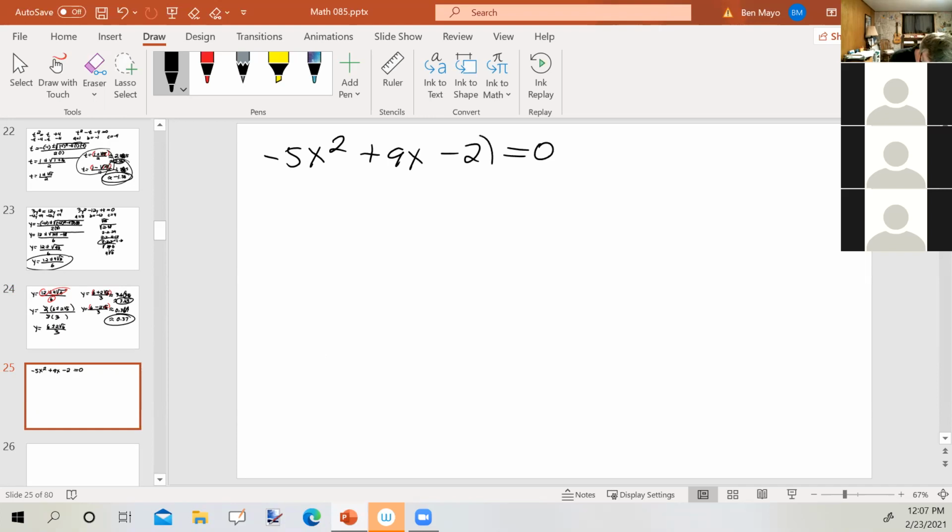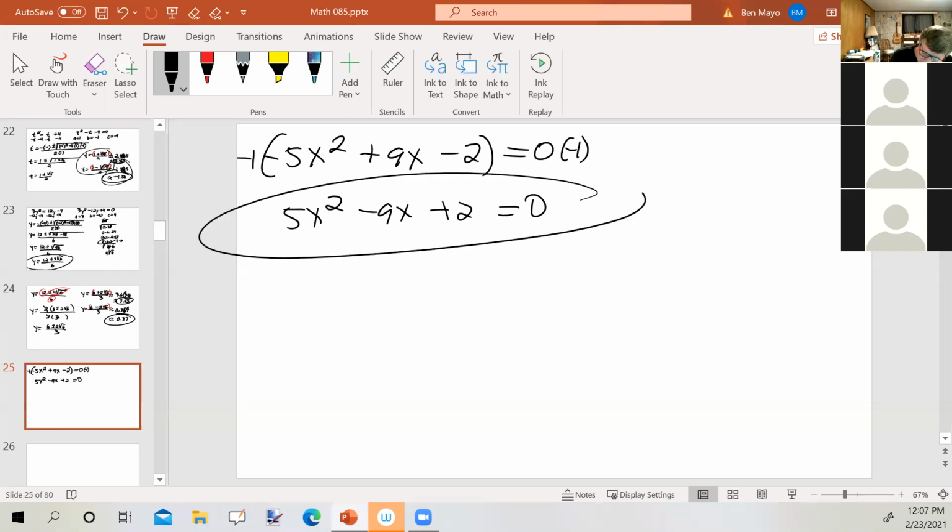So what I'm going to do, I'm going to multiply both sides by -1, which is going to give me 5x squared minus 9x plus 2 equals 0. And that's what I would take and plug into the quadratic formula. So a is 5, b is -9, and c is +2. Okay, so we can multiply both sides by a -1 to get the leading coefficient to be positive if it isn't already.